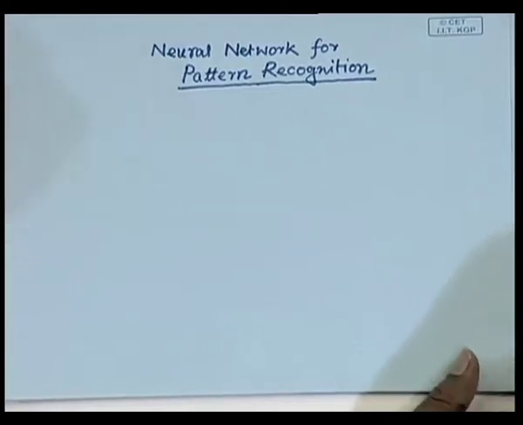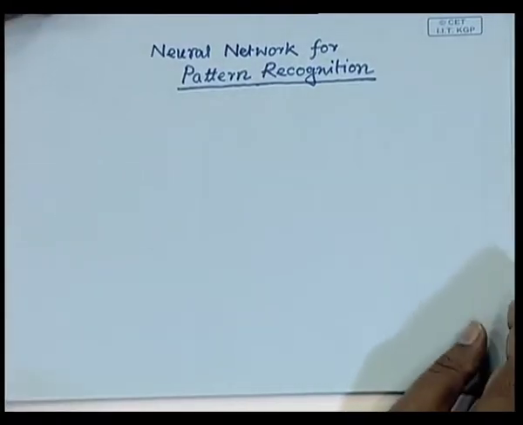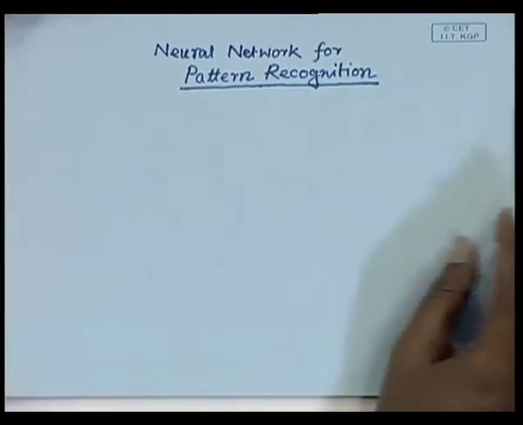Now let us start our discussion on the use of neural networks for pattern recognition. A neural network is nothing but a computational model which tries to imitate the human brain. Our human nervous system consists of numerous nerve cells.